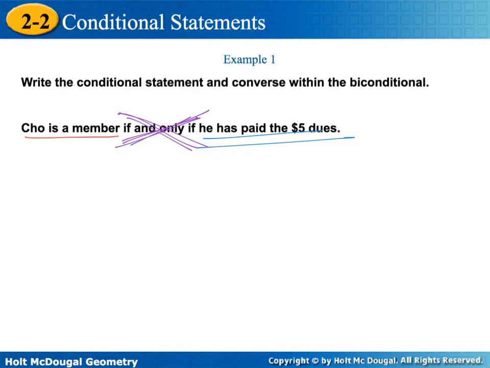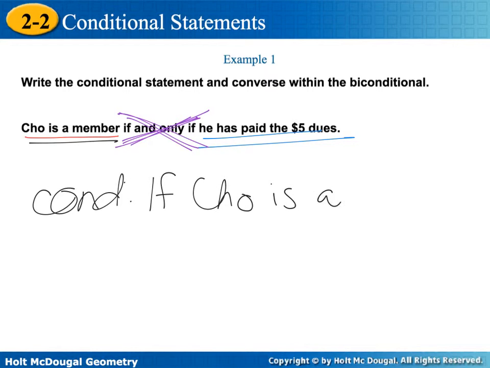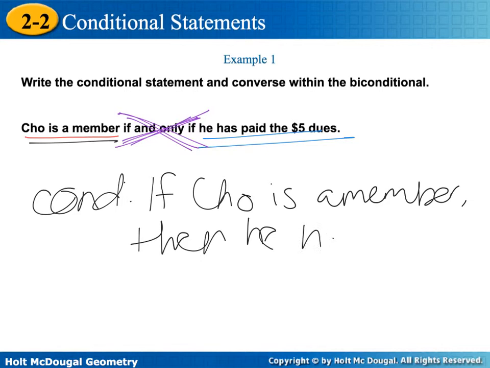So my conditional is, this is the original where I put the hypothesis first. If Cho is a member, then he has paid the $5 dues. All right.